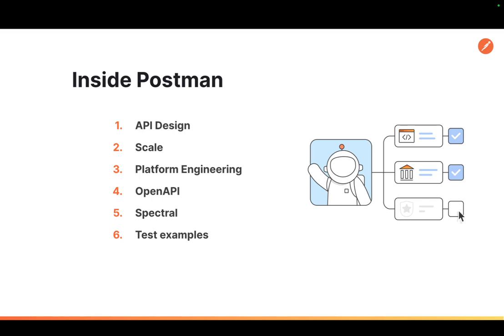More specifically, we will go over the areas of API design, how you can manage API design at scale, how we utilize a platform and engineering approach, and open source tools like OpenAPI and Spectral. Finally, we will go over test examples of what we are testing for compliance on API design.